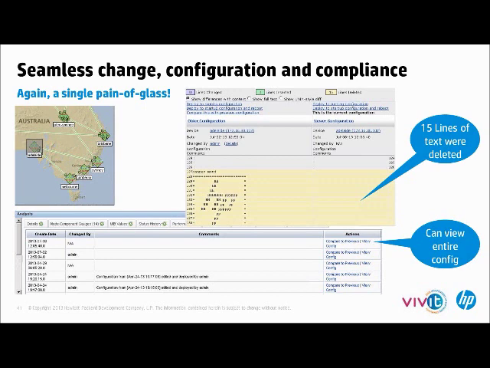I would like to suggest that both conditions go hand in hand. So you need to be able to unify and correlate fault and performance conditions on the network through a single aggregation point, and that is the A&M console.